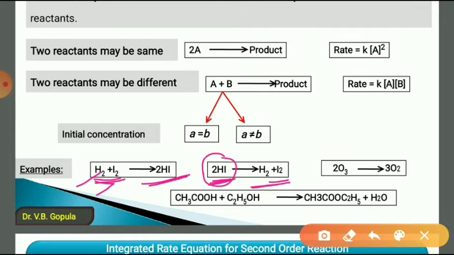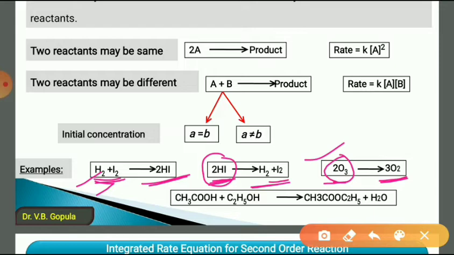Again, in the third example, two molecules of ozone, when decomposed, give three molecules of O2. Here the two molecules of ozone represent the order of the reaction.